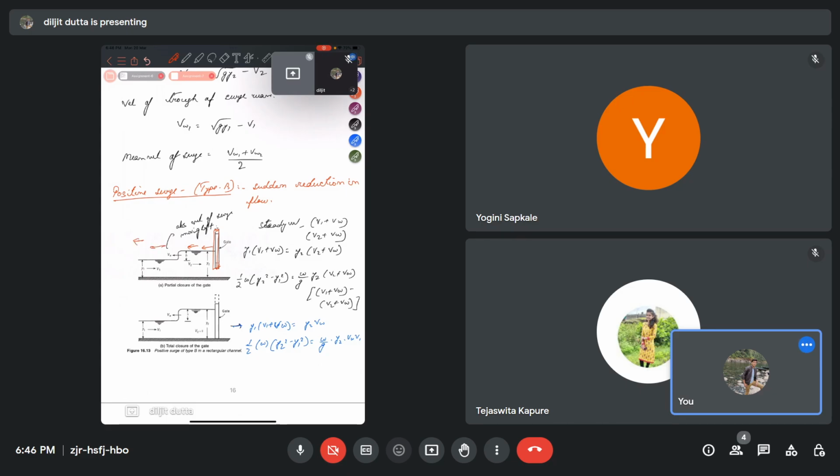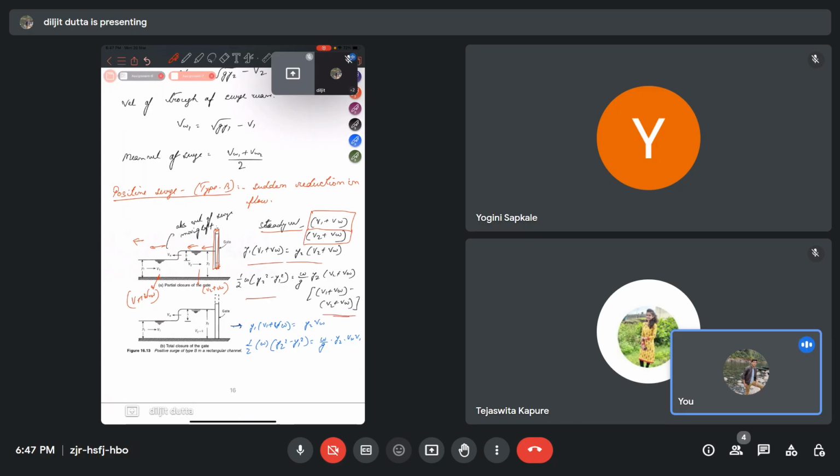If we take a reference frame moving with the surge opposite to the direction of flow, then we get the relative velocities as V1 plus Vw here, and V2 plus Vw here. So we obtain the two velocities, and similarly we can use the continuity and momentum equations, and we will get the velocity of the surge.